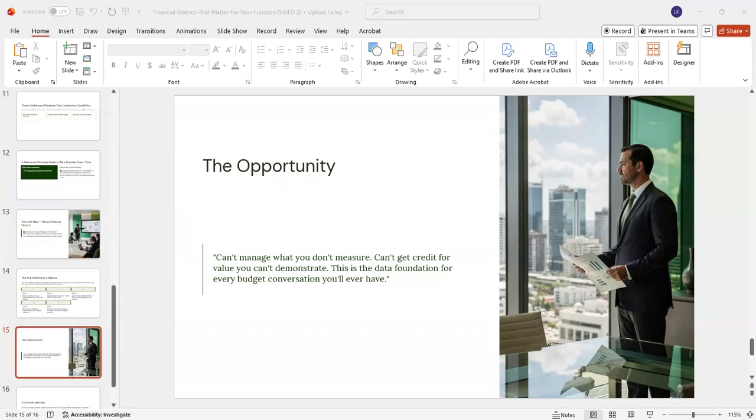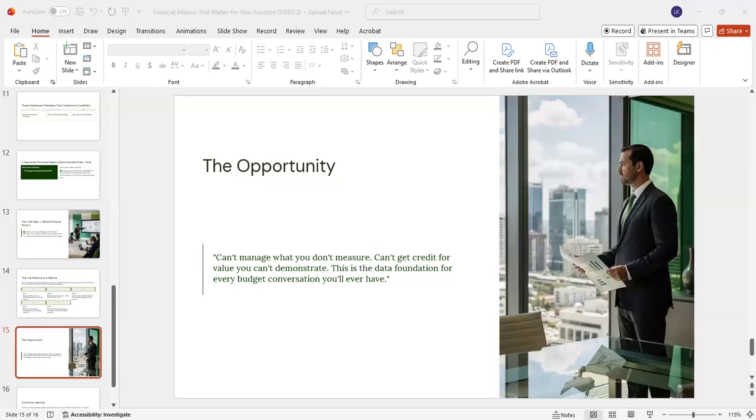And in fact, the functional leaders who I've seen consistently protect and grow their budgets are not always the ones with the most resources or the most political capital. They tend to be the ones who have learned to do this translation, to translate from the language of operational outcomes to the language of capital allocation.